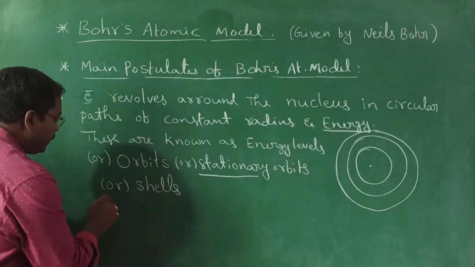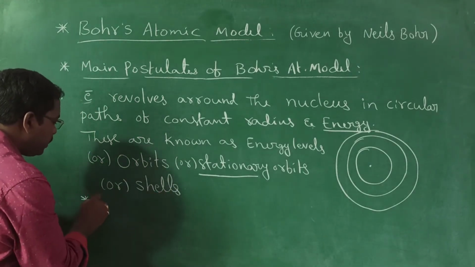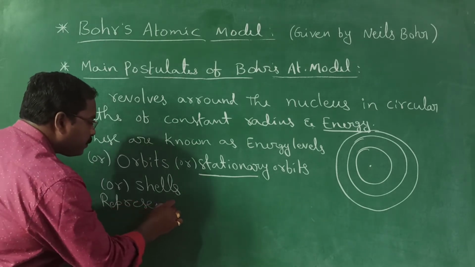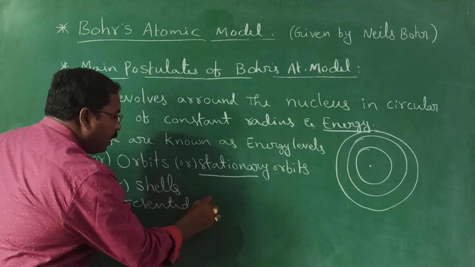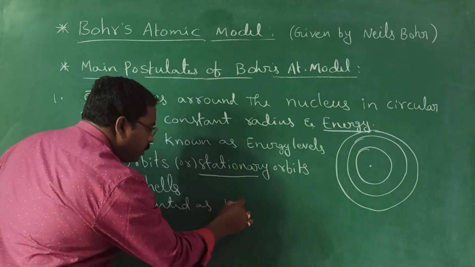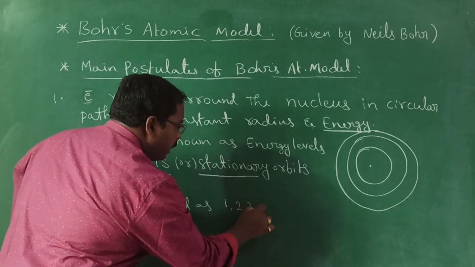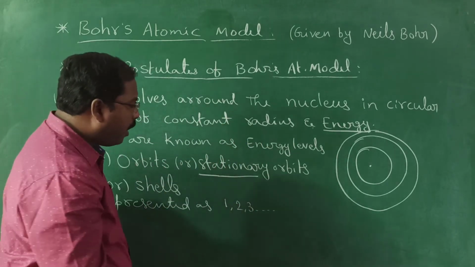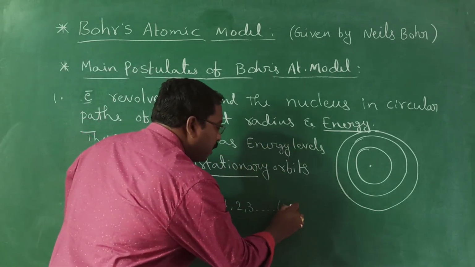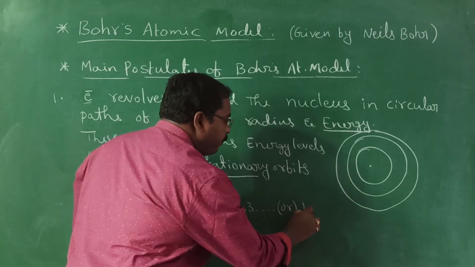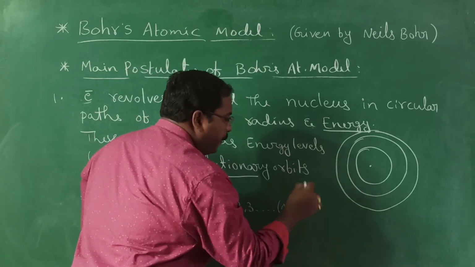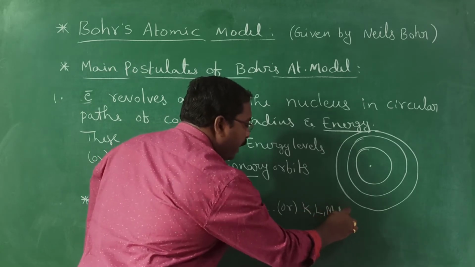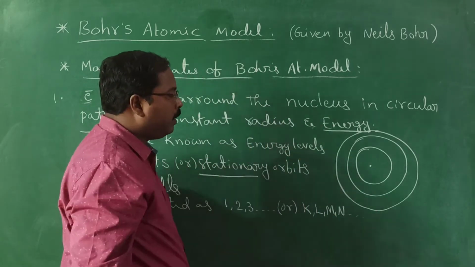Now coming to the representation, these orbits are generally represented with numbers: first shell, second shell, third shell, fourth shell, and so on. Or they can be represented with the capital letters K, L, M, N, and so on.